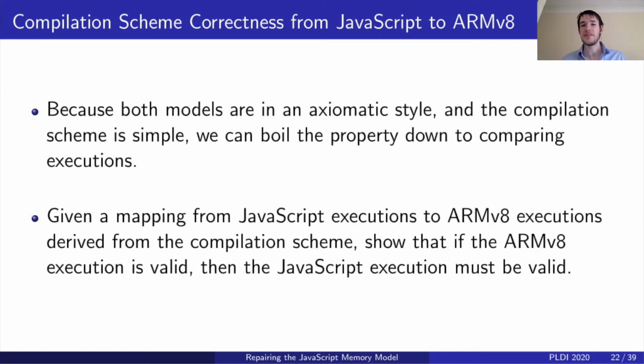Now the proof of this requires us to show that for every possible valid ARMv8 execution for a compiled JavaScript program, the equivalent behavior is allowed by the JavaScript memory model. So let's look at how this mistake in the atomics condition mentioned earlier turns into a counterexample to this property.